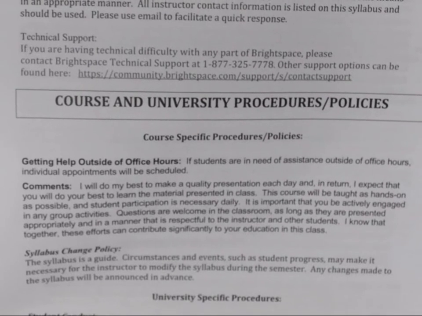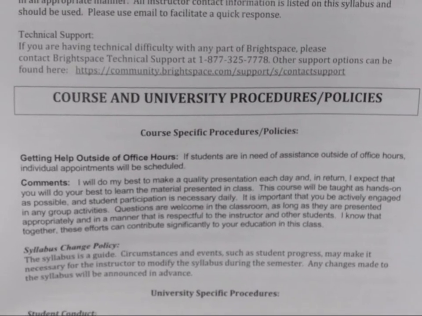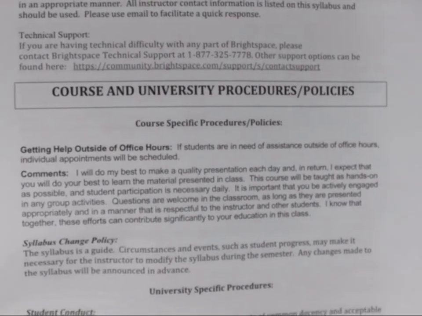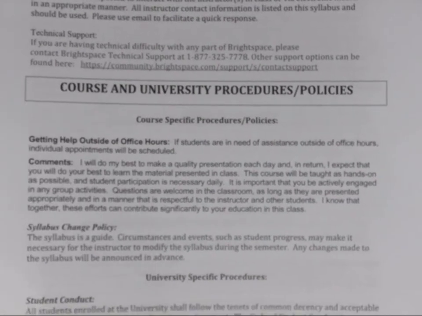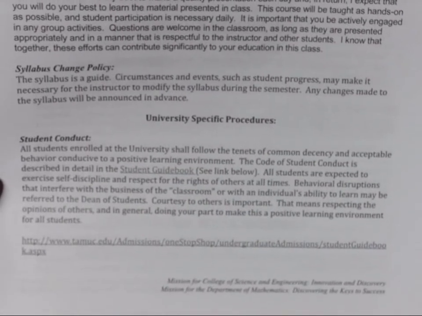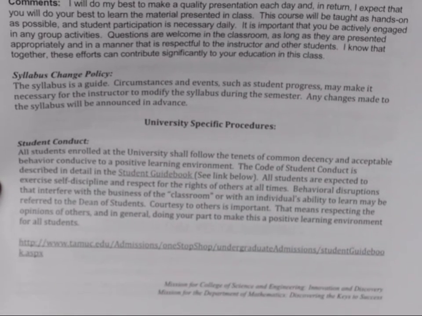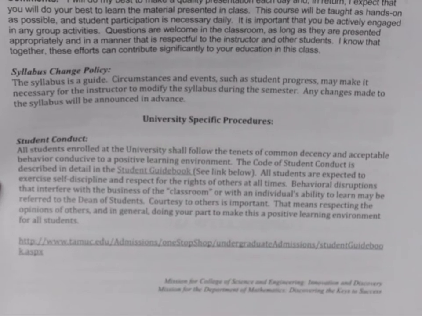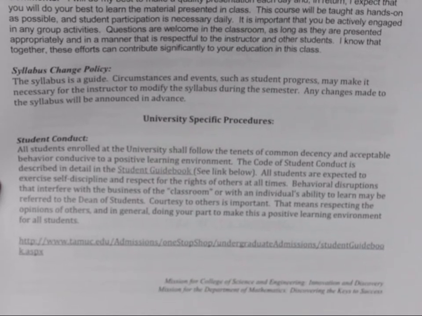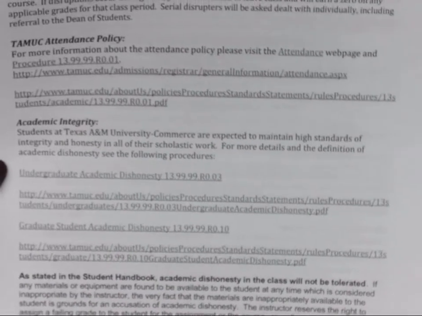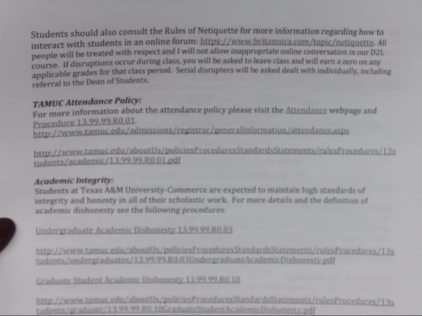All of this is kind of normal standard stuff. The big thing for you guys is you're going to be communicating a lot either through the discussion board, student contact down here on this page, either through the discussion board or possibly through Zoom meetings and stuff like that. And you just need to be courteous to each other and make sure that everything is polite, professional.